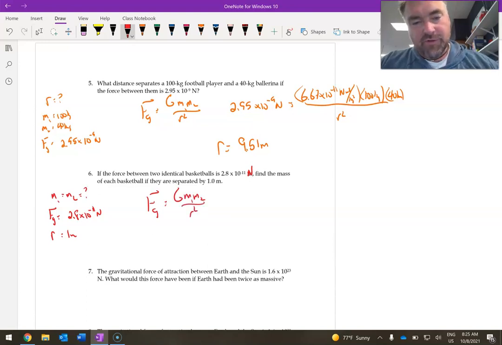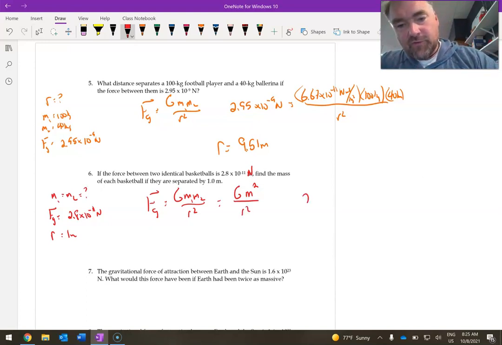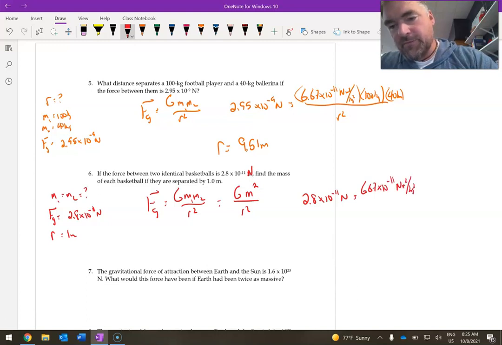But before I put in numbers, I just want to talk about this really briefly. Since M1 is equal to M2, I could rewrite this equation as big G times M squared over R squared. So now I put this in, and I've got 2.8 times 10 to the negative 11th newtons equal to 6.67 times 10 to the negative 11th newton meters squared over kilograms squared, times M squared, all over 1 meter.